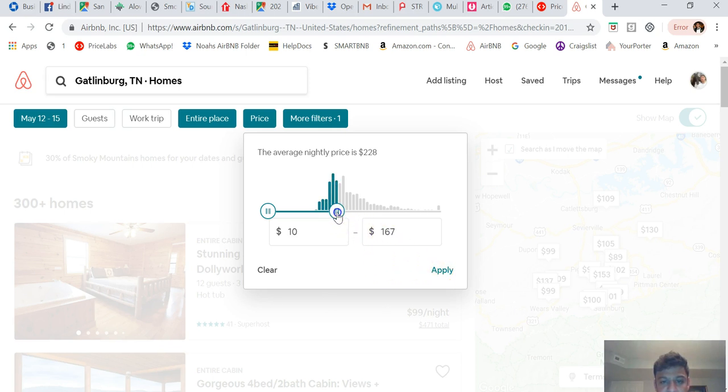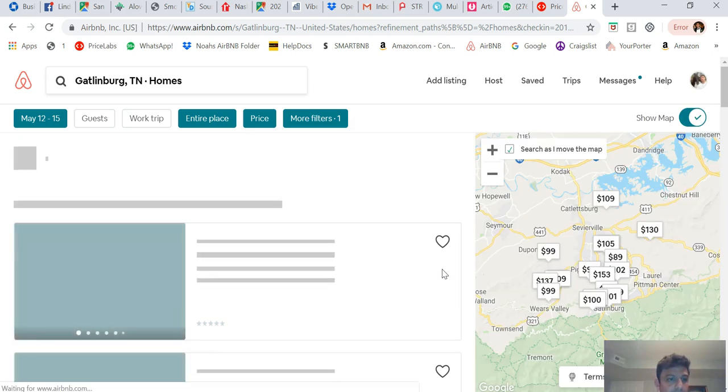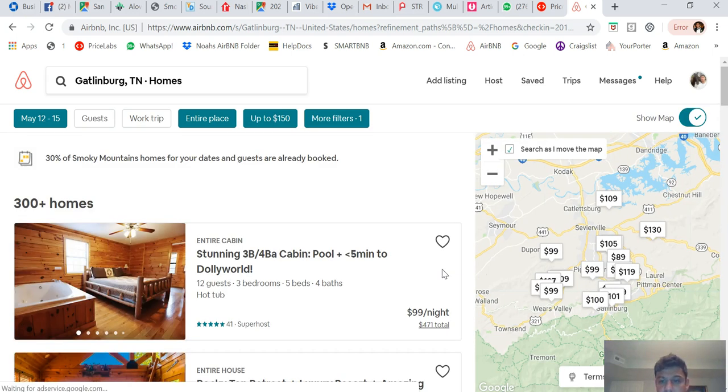Let's bring it to 150. Apply that. Wow, and you can see we're still over 300 homes that are unbooked for that period of time. And that goes to show you that there's a lot of supply on the market.